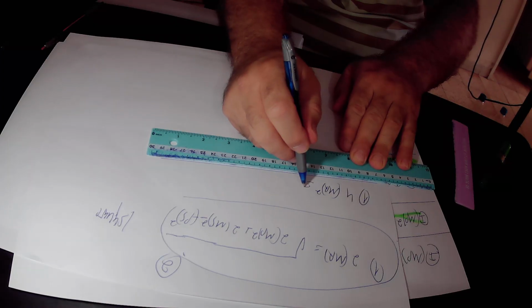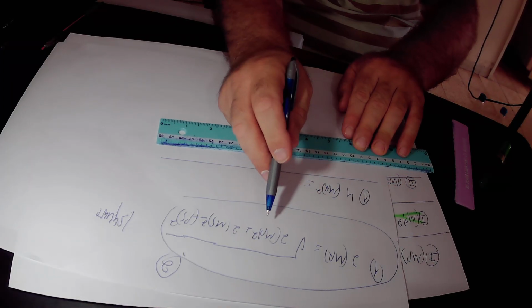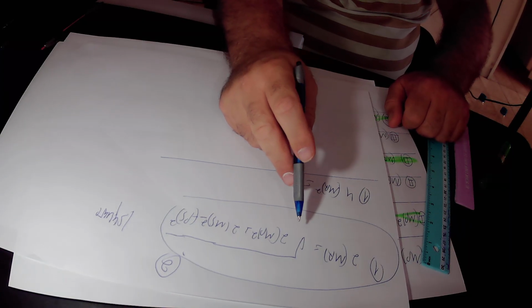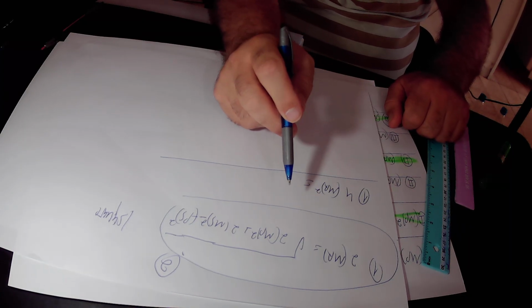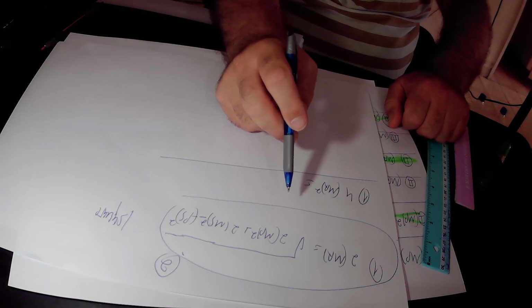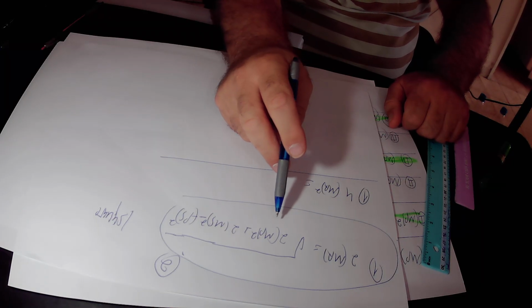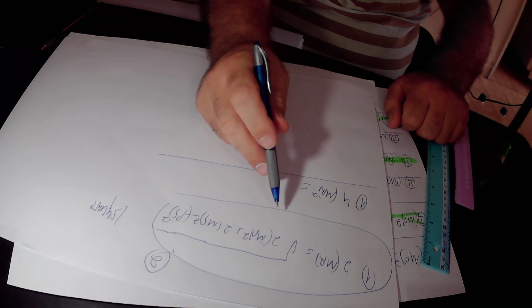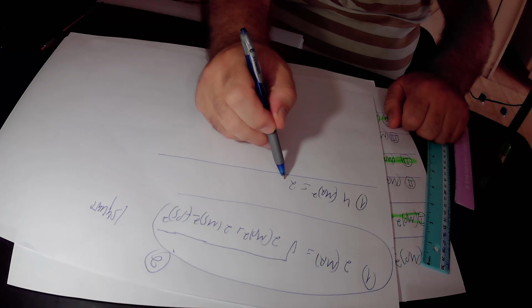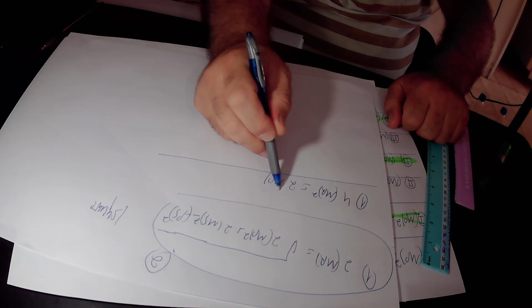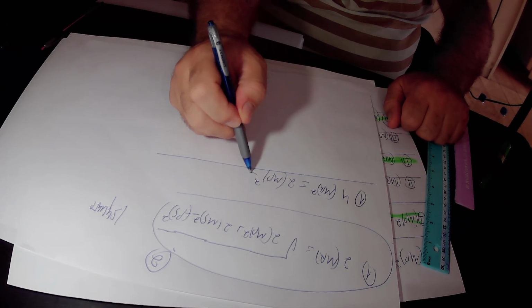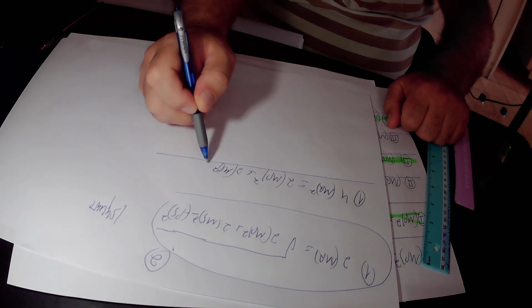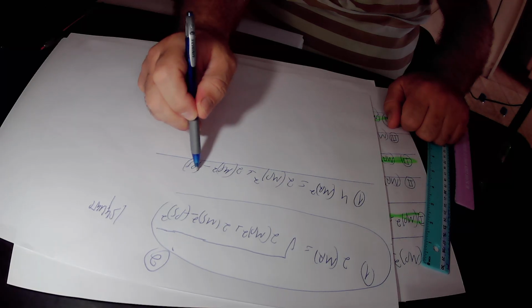Here we'll square this side of equation 1, and the square cancels the root, so we are left only with what is inside the root: 2 times MP squared plus 2 times MS squared minus PS squared.